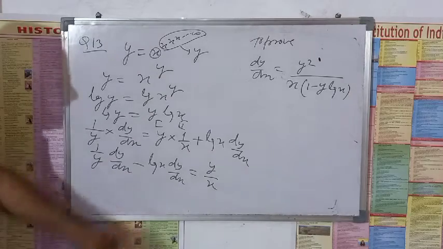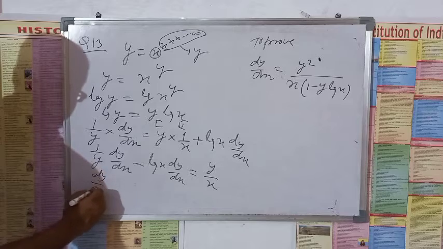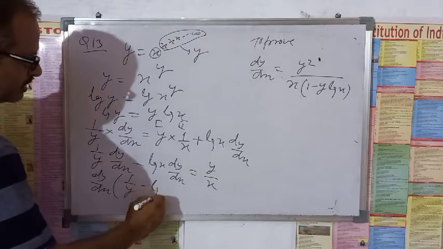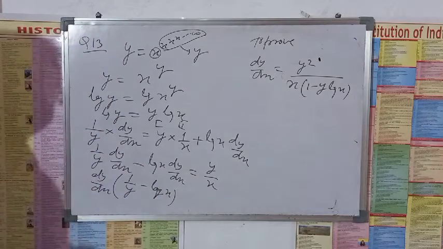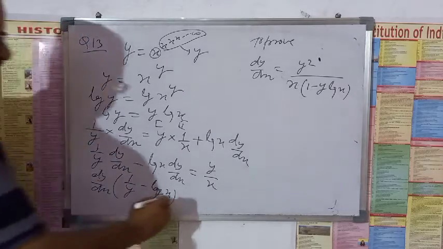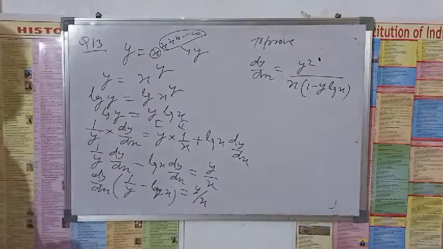We can take dy by dx common. So we get 1 upon y minus log x, is equal to y by x.